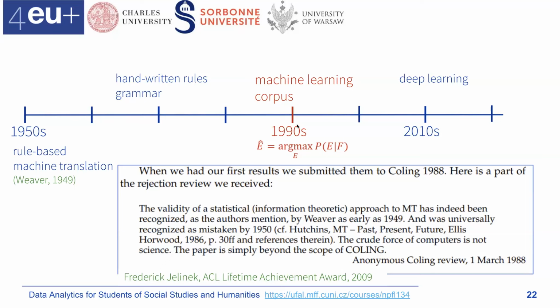And this statistical revolution in the 1990s caused the great development of corpora, collections of text, and the use of machine learning.